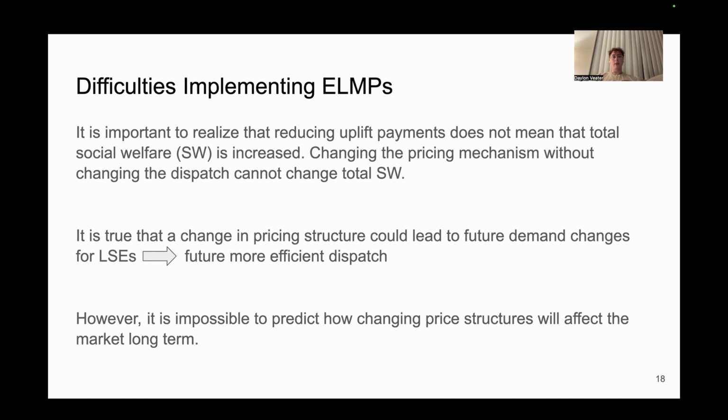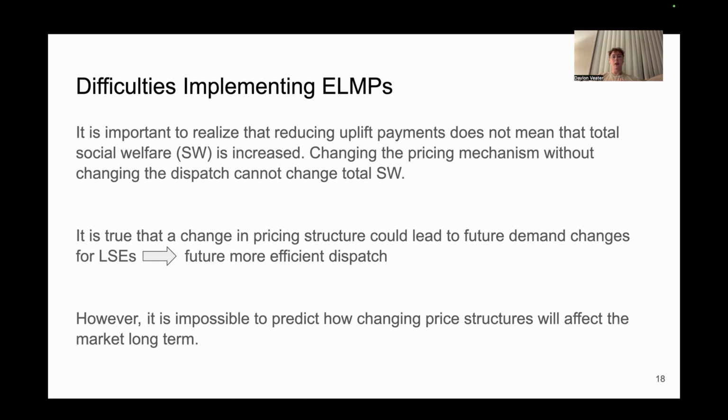Essentially, even if these side payments are decreasing, sometimes that could result in wealth transfers between entities, and total social welfare is not actually increasing. It's actually impossible for total social welfare to increase based purely off a pricing mechanism, like a change from an LMP to an ELMP. If the dispatch is the same, total social welfare is going to end up being the same. That's really important to keep in mind.